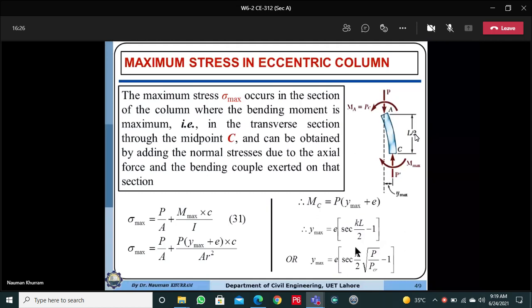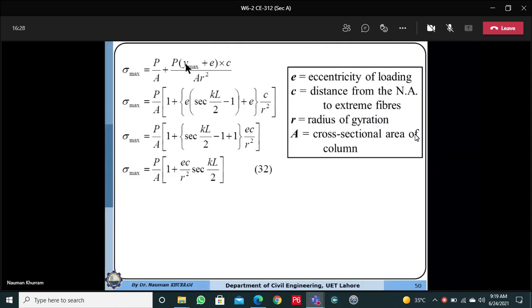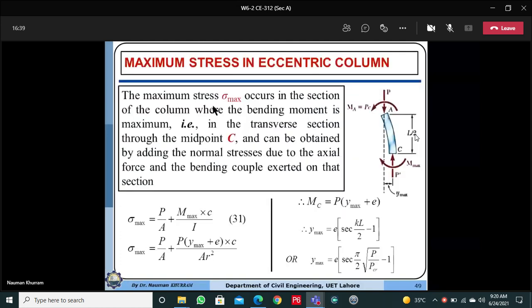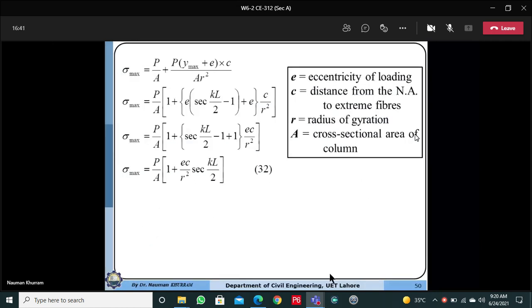After simplification, if you substitute the y maximum value, which is e times (secant KL by 2 minus 1), or this formula, you can substitute the y maximum value in any form. So P over A can be taken common.